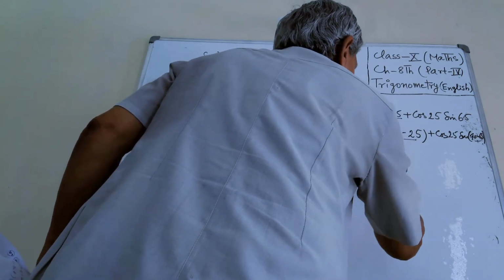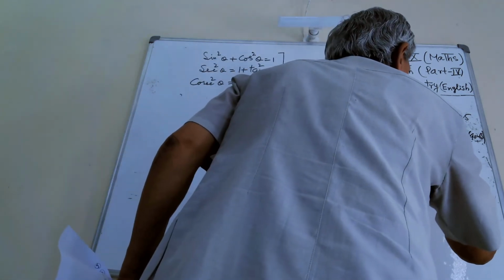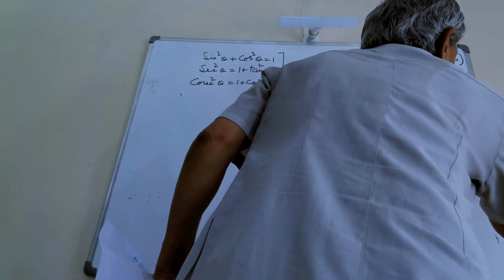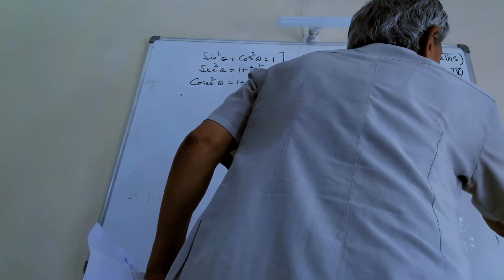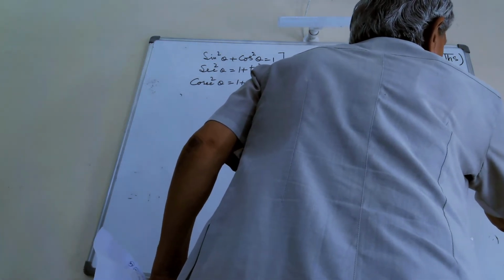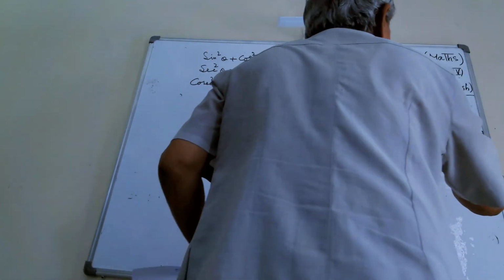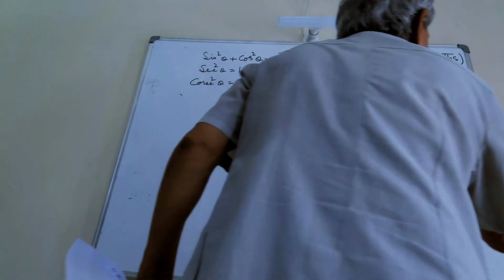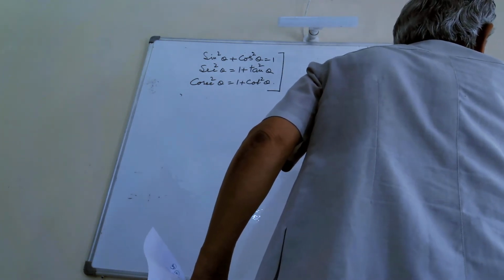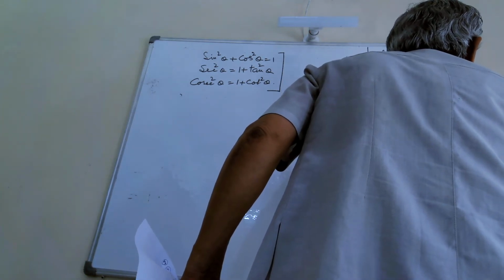Remove 90, this will be 25, plus cos 25 into this sine(90 minus 65). You see cos 25 and the sine(90 minus 25), and this will change into cos.